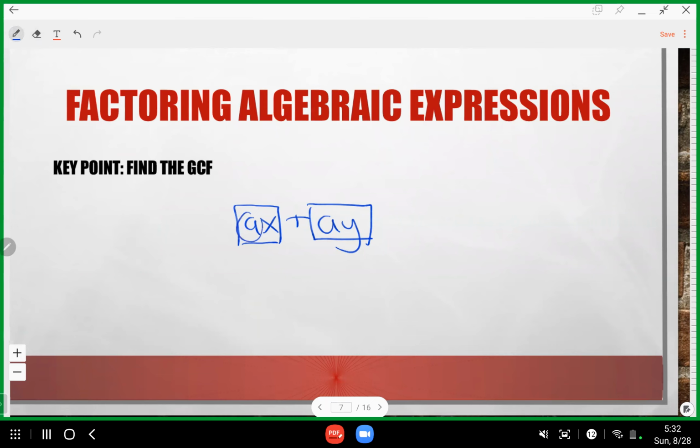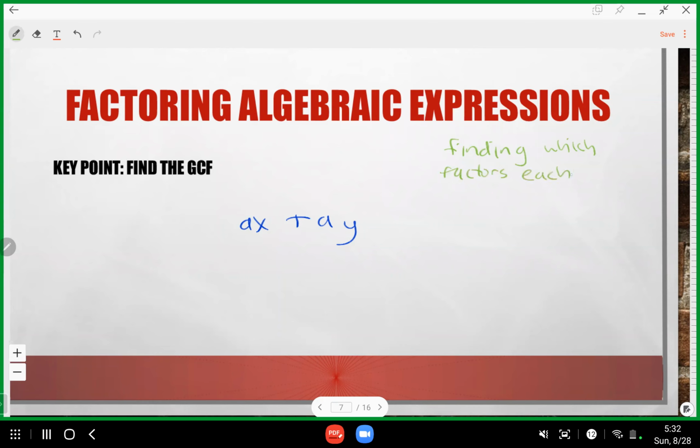We've got one a in this term, one x, and in the other term an a and a y. Essentially, you're finding which factors each of the terms have in common.